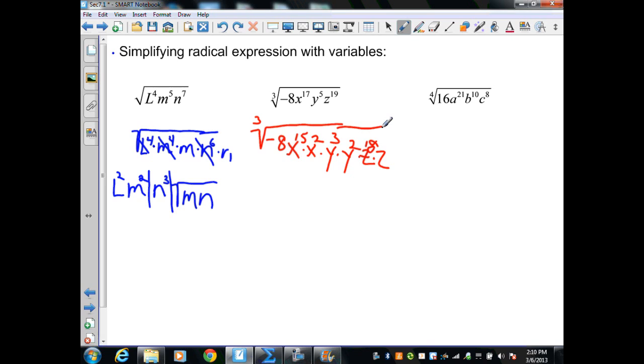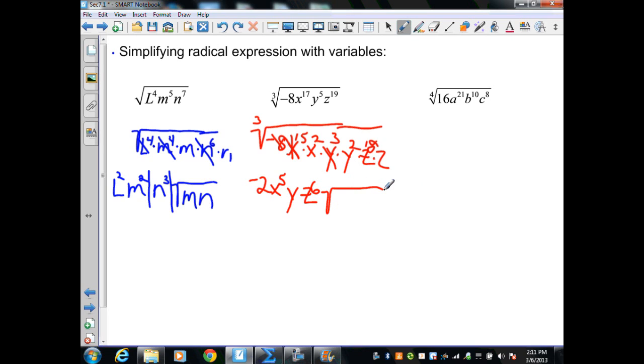Then I can simplify and take out what's needed. The cube root of negative 8 is negative 2, and that comes out. The cube root of x to the 15th is x to the 5th. The cube root of y cubed is y, and the cube root of z to the 18th is z to the 6th.